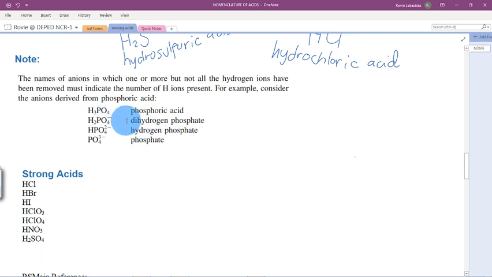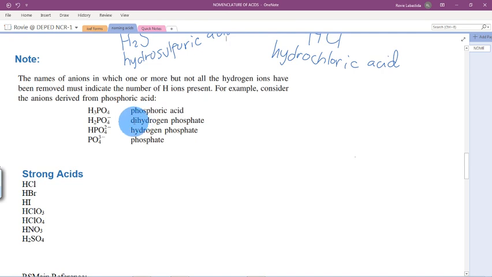So from phosphoric acid, if there is a removal of one hydrogen ion, it will become H2PO4 negative. If you notice, H3PO4 has no net charge, right? But when you remove one hydrogen atom, which was yielded as hydrogen ion, it became H2PO4 negative. And the name for this one is dihydrogen phosphate.